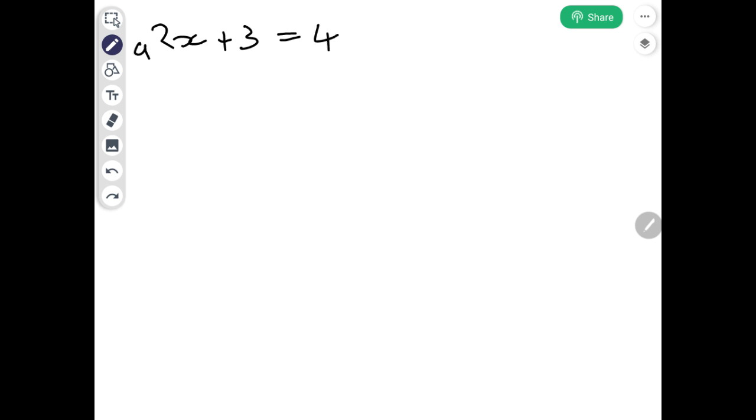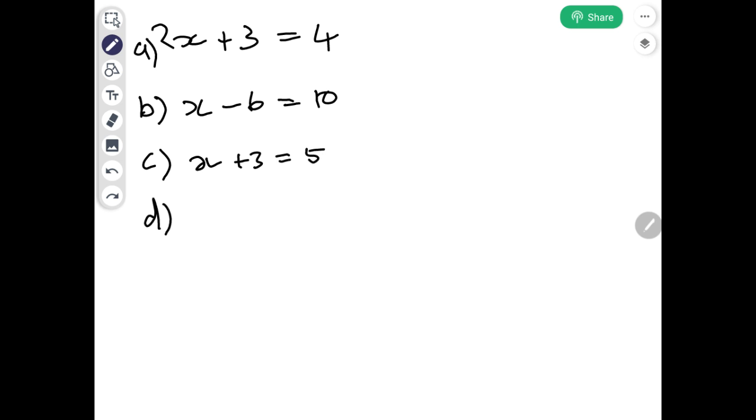This will be your A, and then B will be x minus 6 is equal to 10. C is x plus 3 is equal to 5. D will be 5x minus 5 is equal to 10.